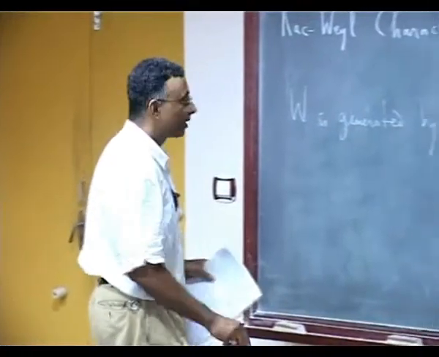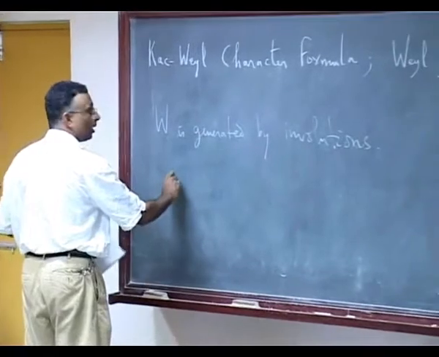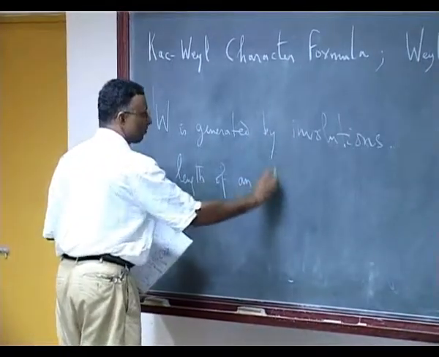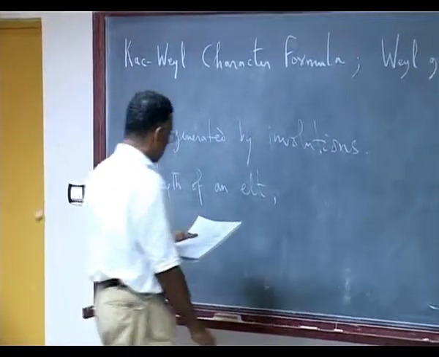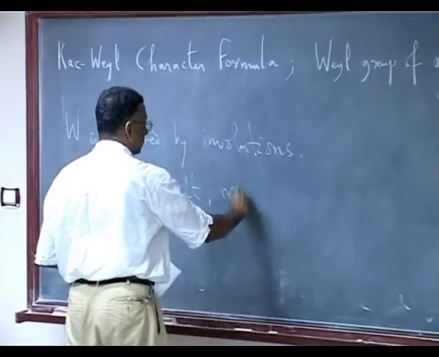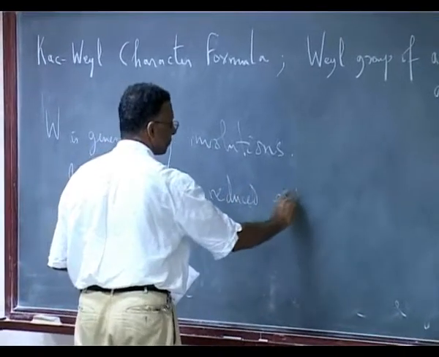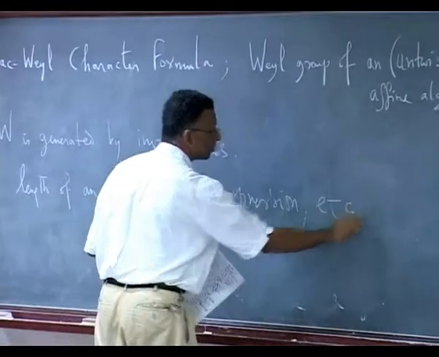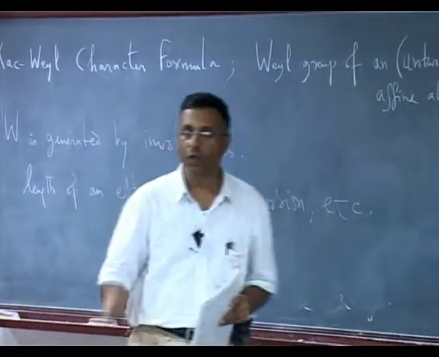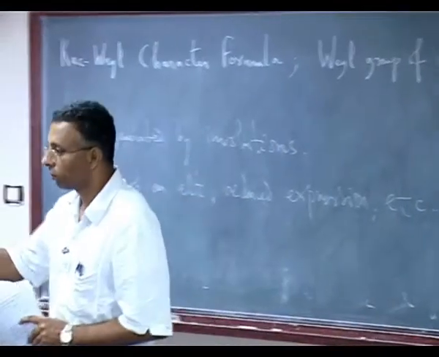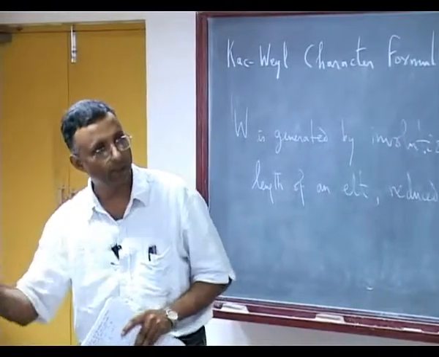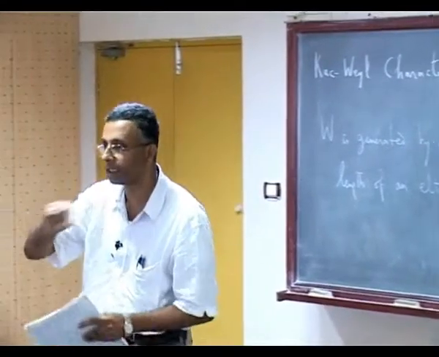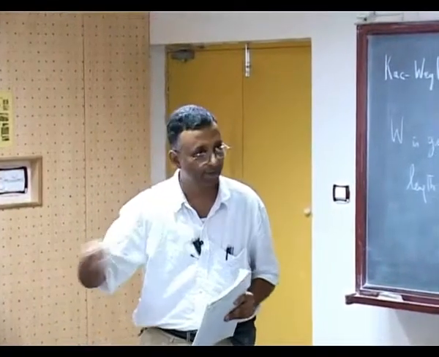So W is generated by involutions. So you can talk about the length of an element, a reduced expression, etc. If you have a group and it is generated by order 2 elements, a set of them, then the shortest way you can write an element as a product of these is called the length.